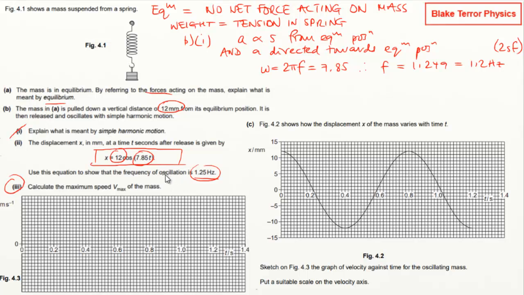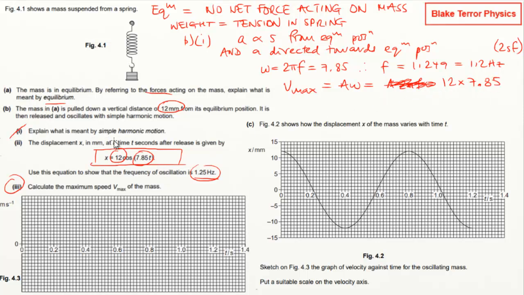Calculate the maximum speed. So v max is equal to A omega, which is A times 2 pi f. Oh no, we've got omega, haven't we? Omega's 7.85. So we've got 12 times 7.85.